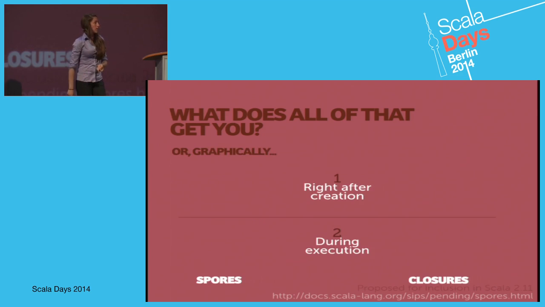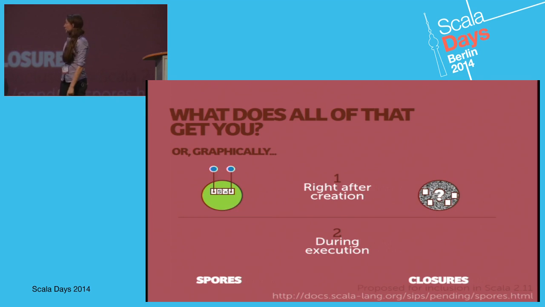Go ahead. So I have this fun little picture in my mind comparing spores right after you create them and when you apply them. Everything gets initialized and you know what it is and what everything points to. That's not necessarily the case with normal closures.